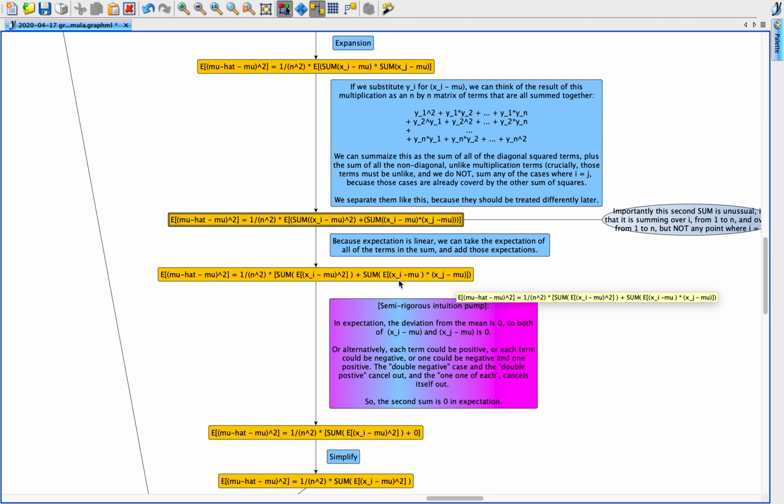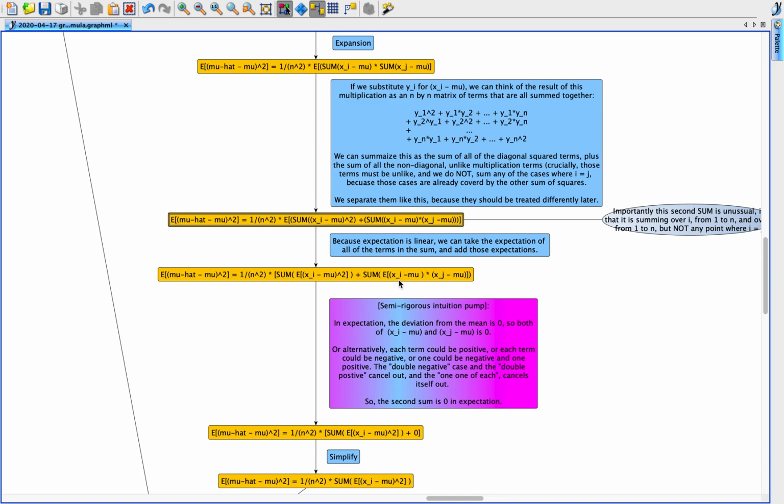It would not be correct to take the expectation separately when multiplying two non-constants: the expectation of a variable times a variable is not necessarily equal to the expectation of the variable times the expectation of the other variable.